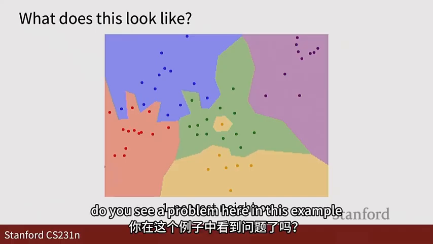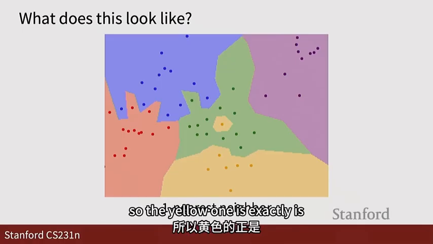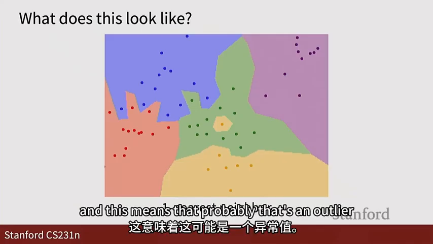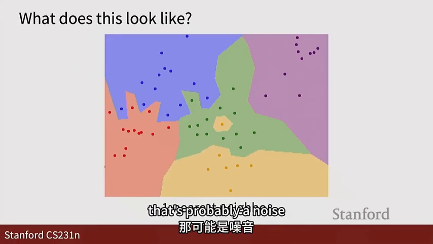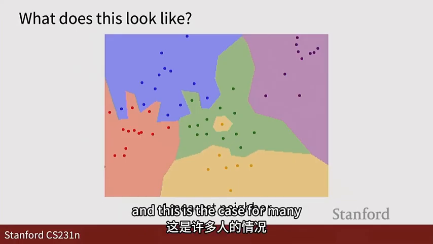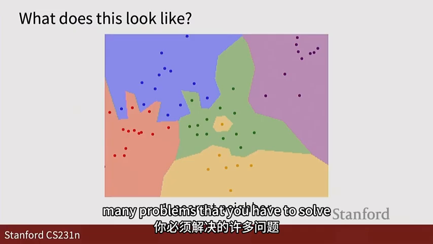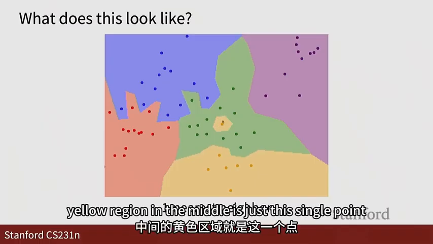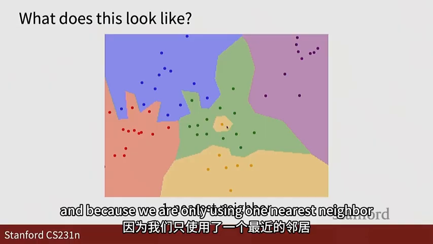But do you see a problem here in this example? The yellow one is in the middle of all of the greens, which probably means that it's an outlier, probably noise, and this is the case for many problems we have to solve. The reason there is this big yellow region in the middle is just this single point, and because we are only using one nearest neighbor, this happens.